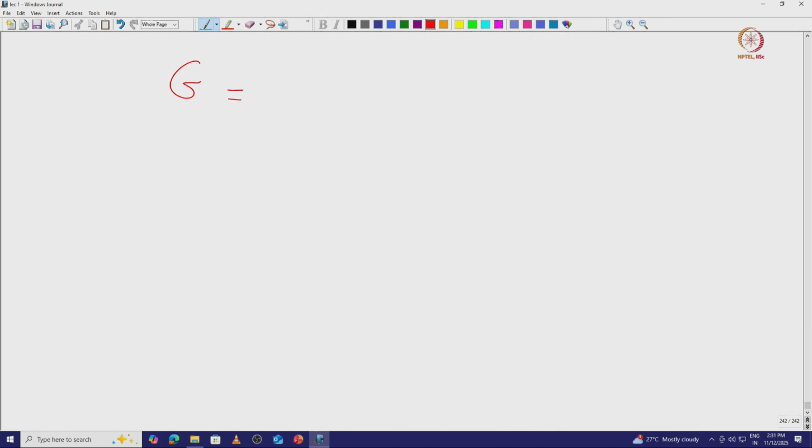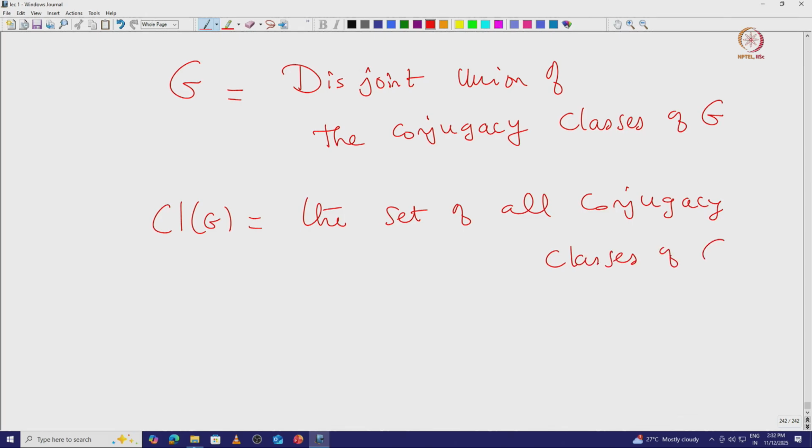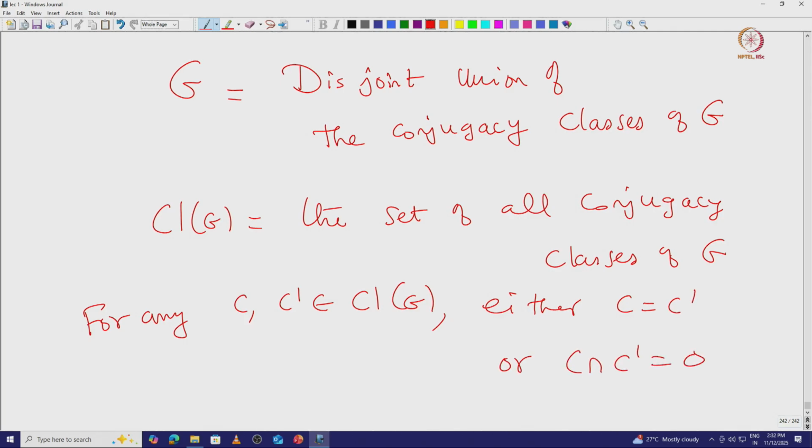So, G can be written as a disjoint union of the conjugacy classes of G. Let us denote this CL(G) as the set of all conjugacy classes of G. Then it is immediate that for any C and C dash from this set of conjugacy classes, either we have C equal to C dash or C intersection C dash is empty.